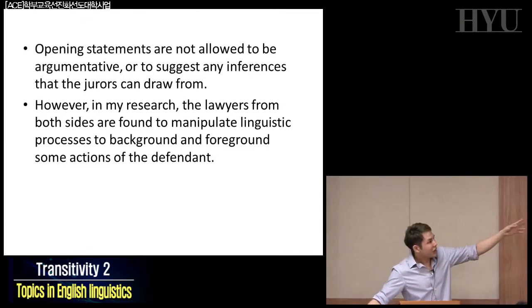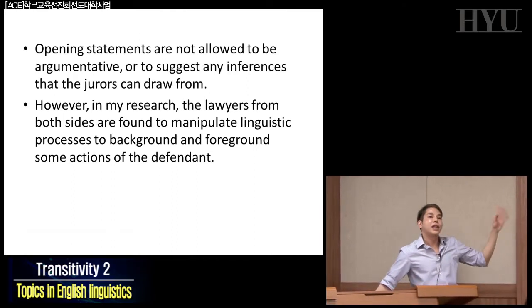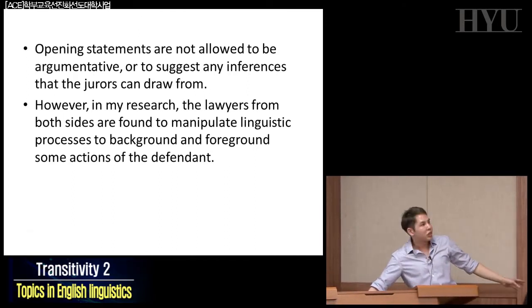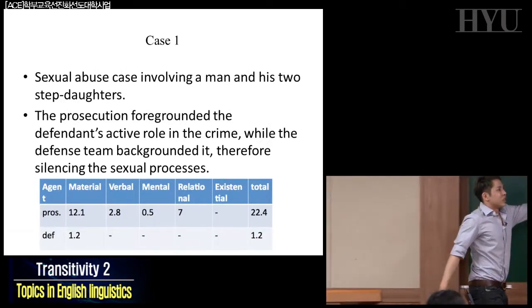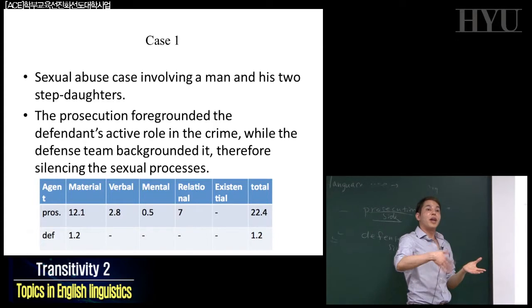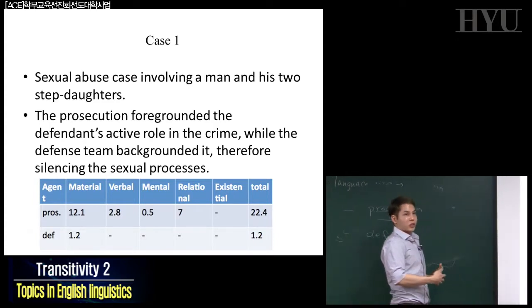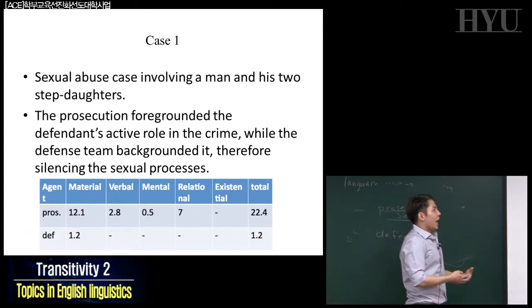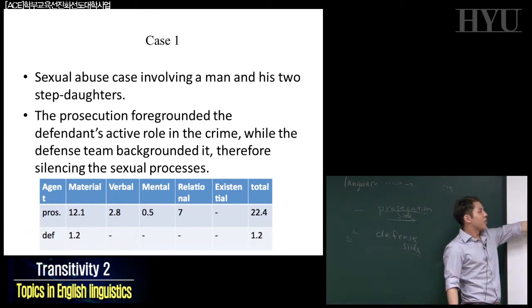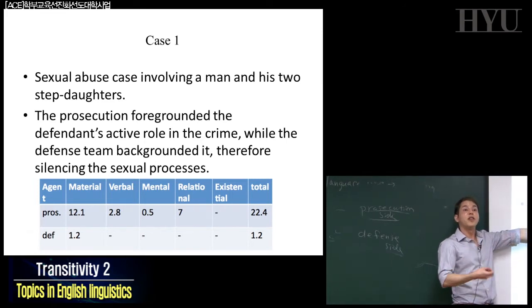So this is what I found. I look at the opening statements, right? And I found that they control linguistic patterns to highlight their case. So in case one, which is a sexual abuse case, involving a man and his two stepdaughters, I found that the prosecution foregrounded the defendant's active role in the crime using a lot of material processes.